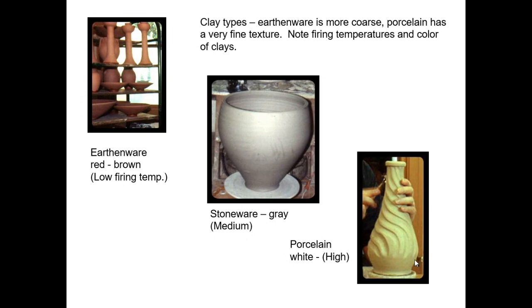So ceramicists making beautiful objects are using clay to do that. And there's three main types of clay to know. You don't have to know the actual temperatures. You can just know medium, low, and high. But clay changes when it's exposed to extreme heat.